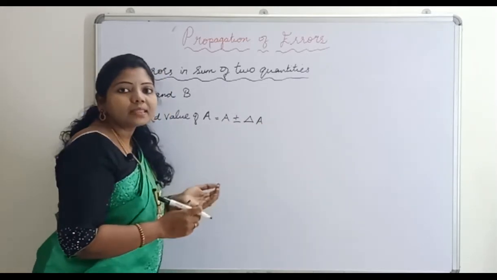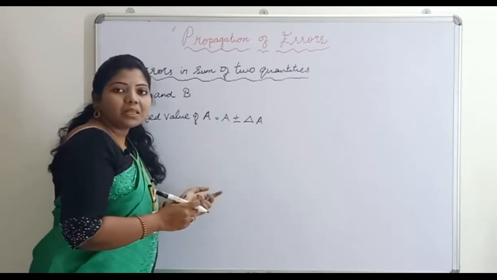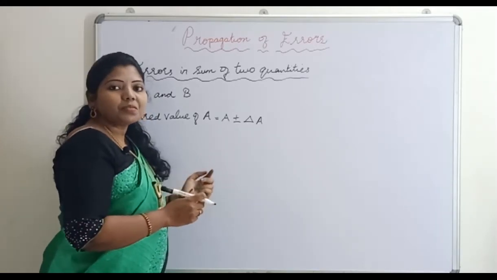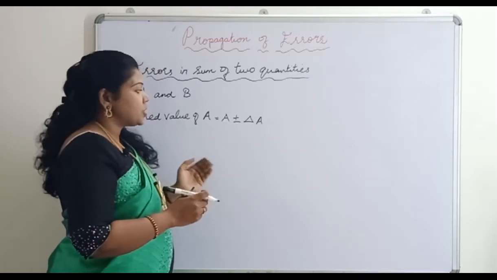So we have already learned what absolute error is. Absolute error is the difference between the true value and the measured value.